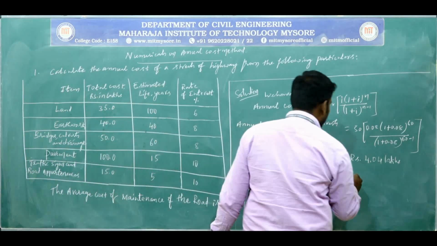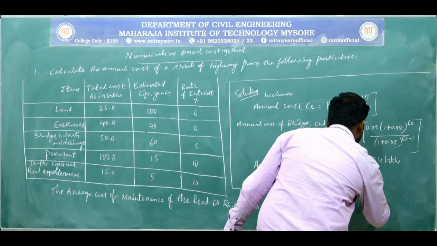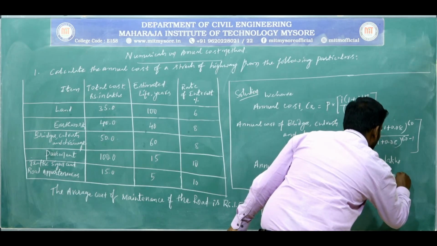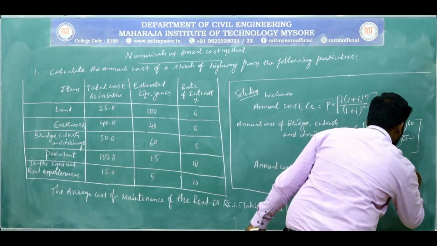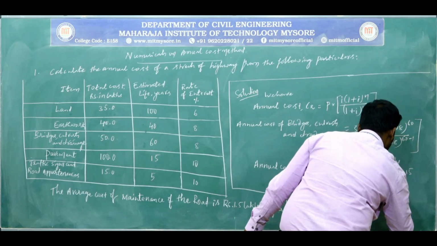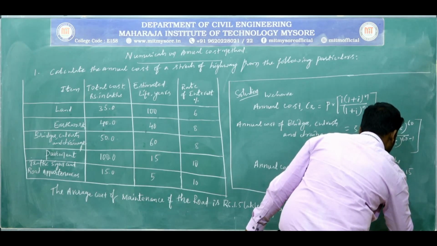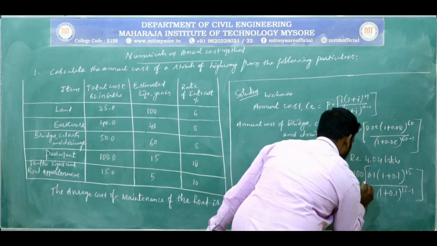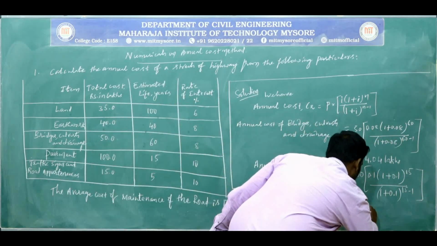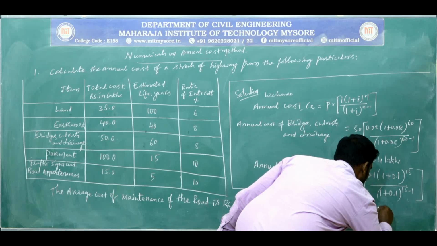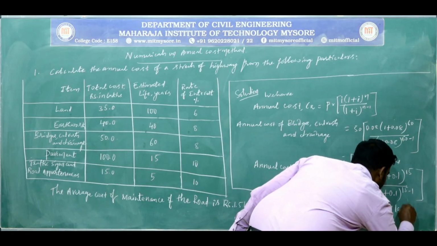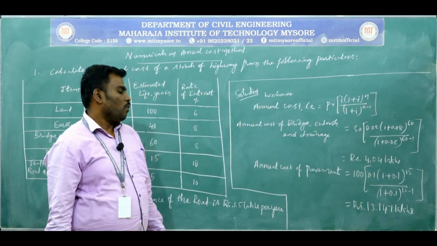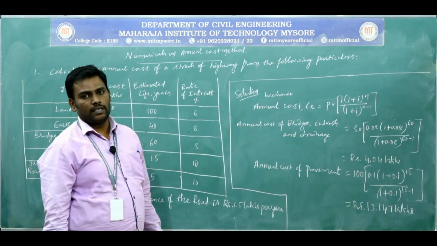Then it becomes 100 times 0.1, 1 plus 0.1 to the power of 15 divided by 1 plus 0.1 to the power of 15 minus 1. This gives about rupees 13.147 lakhs.